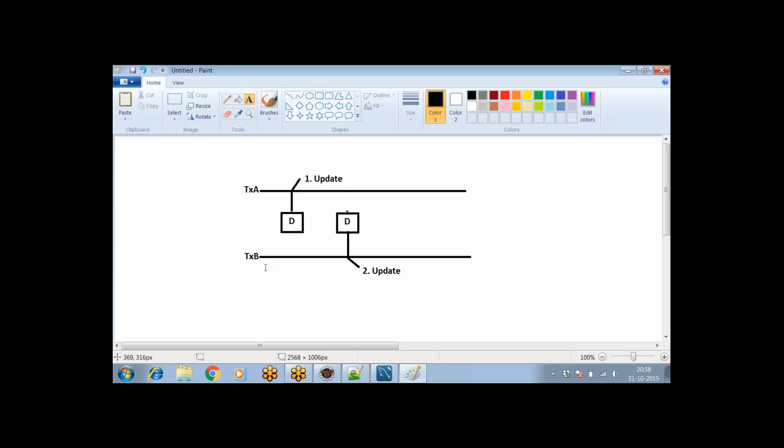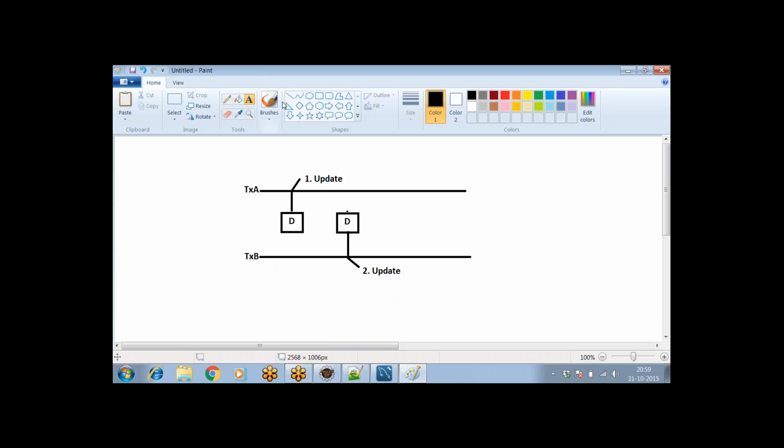So now you see both the transactions are not yet committed. Transaction A is not yet committed, and transaction B is also not yet committed.